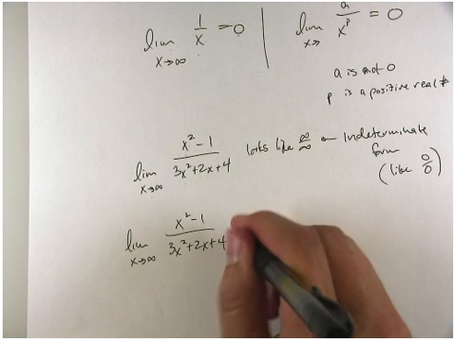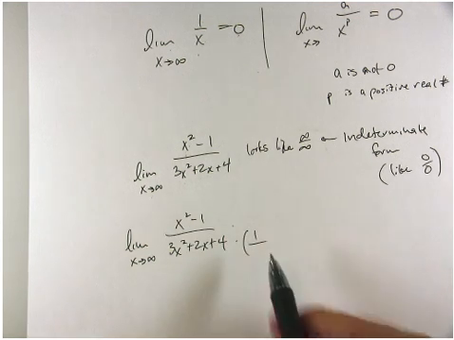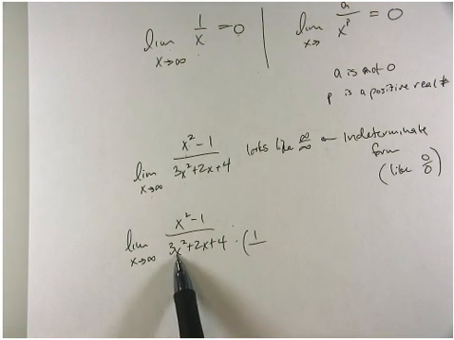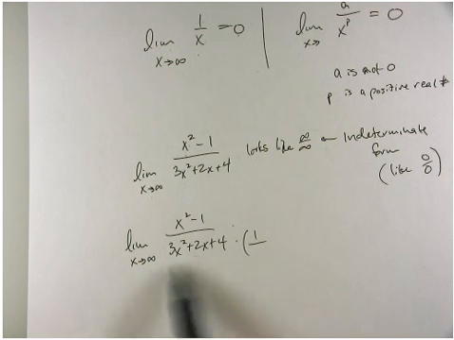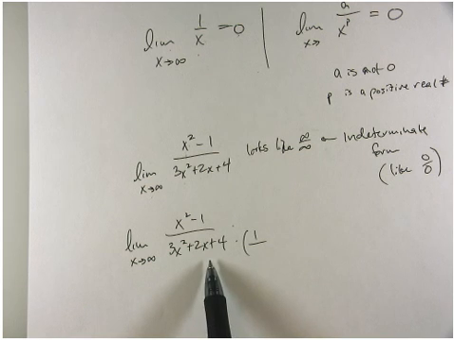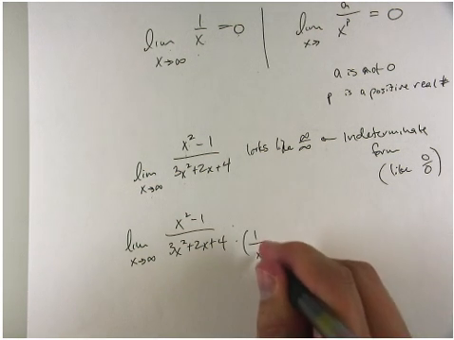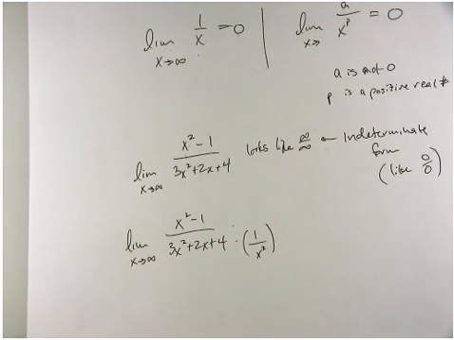So I'm going to come through here and divide all of these values by some power of x. Anybody have a favorite power of x that they would like to divide this function by? I like x squared. Why might I like x squared?